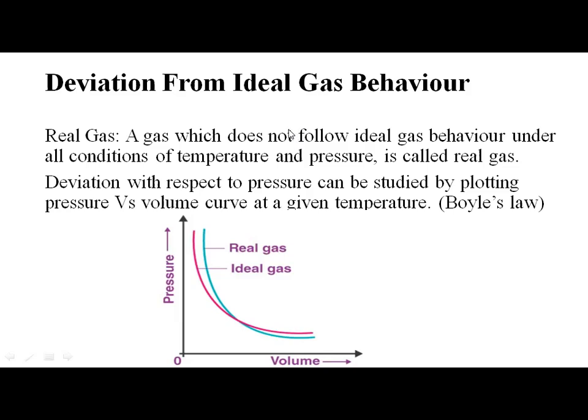You can define a real gas as one which does not follow ideal gas behavior under all conditions of temperature and pressure.